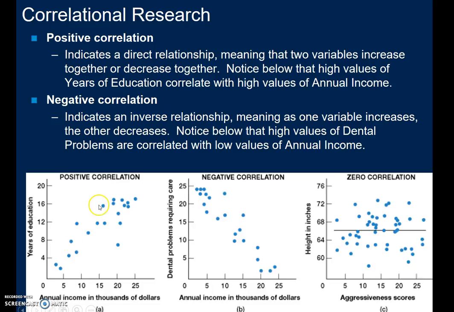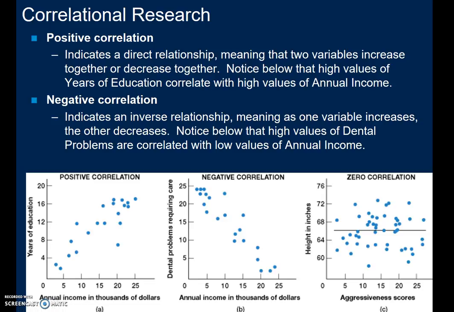And it's true, when the values of education are high, like you see my cursor there, these are all high values of education, and they all go right down here to high values of dollars. And likewise, low values of education are correlated with low values of income. So that's a positive correlation.